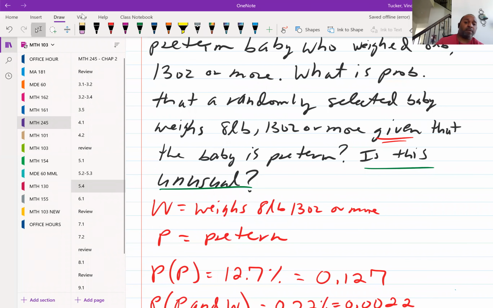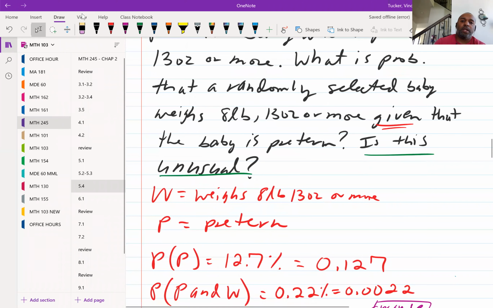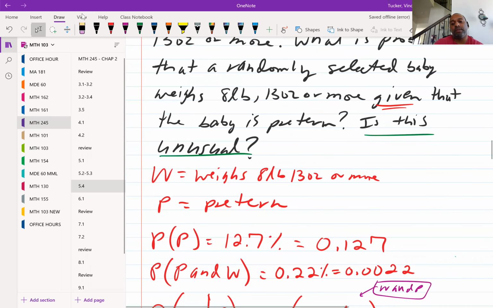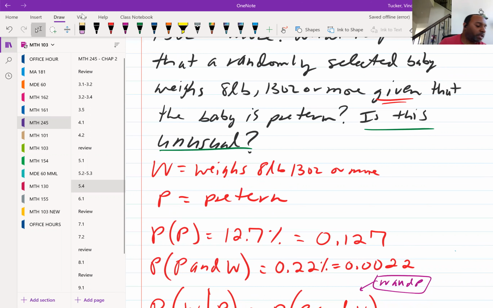So pulling from the problem, the probability of having a baby that's preterm is 12.7%. And then the probability of having a baby who's preterm and weighs 8 pounds, 13 ounces or more is 0.22%. So make sure you convert it to decimals properly.